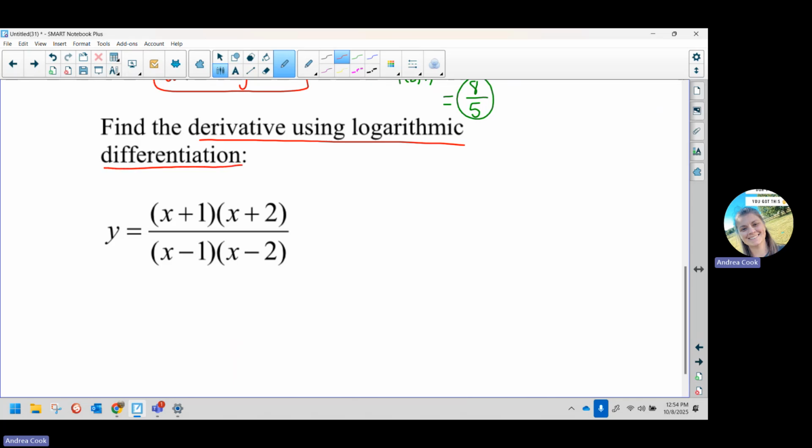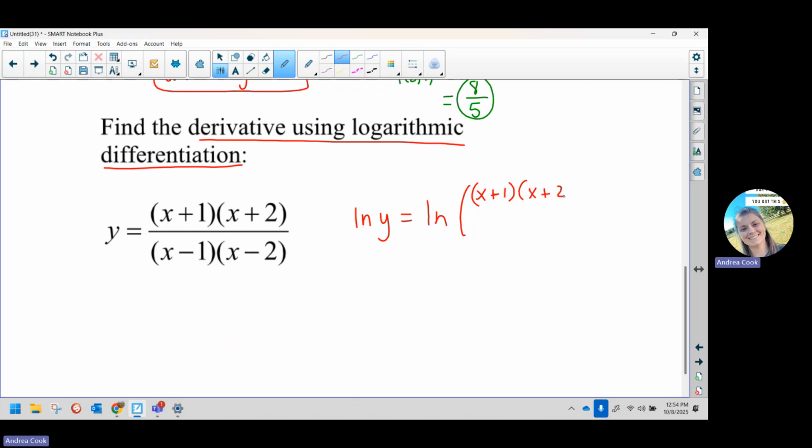If the directions say find the derivative using logarithmic differentiation, you're going to take the natural log of both sides. So the first step is to take the natural log of y and the natural log of all of that, x plus 1.